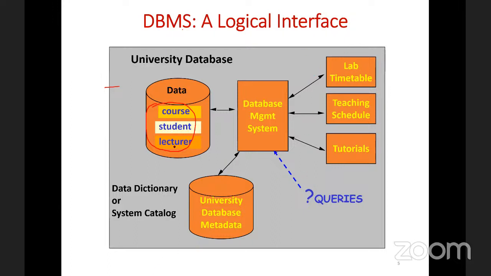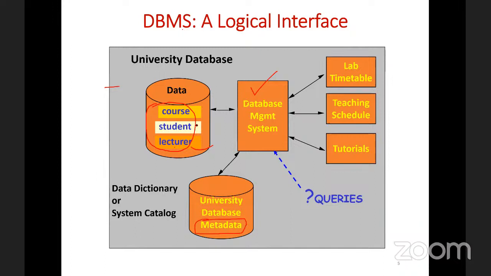Now here you can see that in between applications and this data, what sits here? This database management system sits here, right? Now here, there is another thing that we call the data dictionary. This is metadata, meaning data about data.